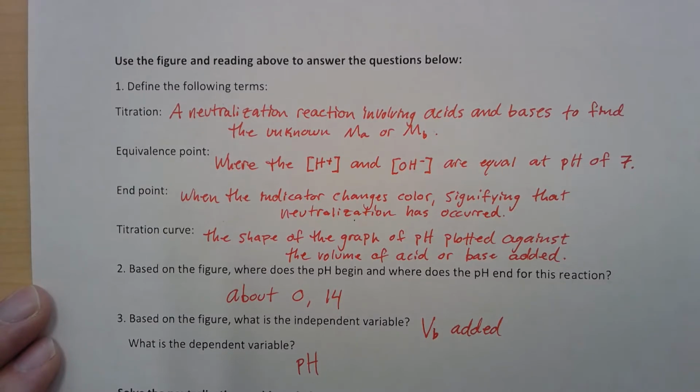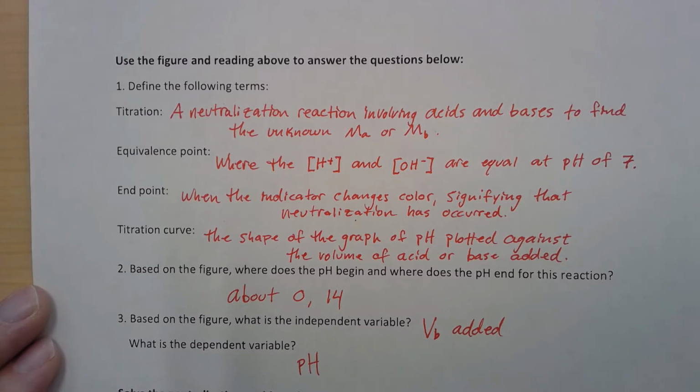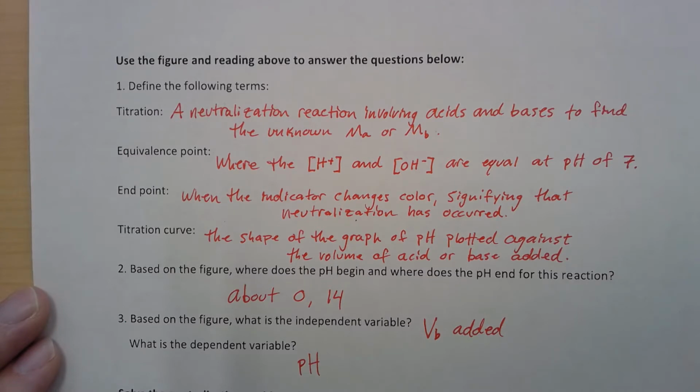The equivalence point is where the concentration of H+ and the concentration of OH- are equal and at a pH of 7. The endpoint is when the indicator changes color, signifying that neutralization has occurred. And a titration curve is the shape of the graph of pH plotted against the volume of acid or base added.